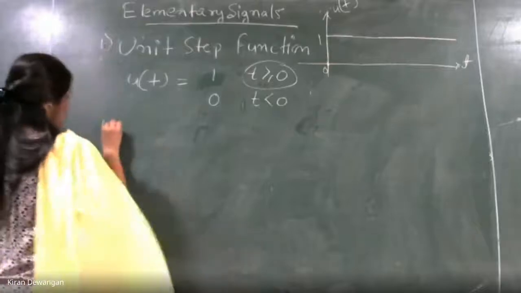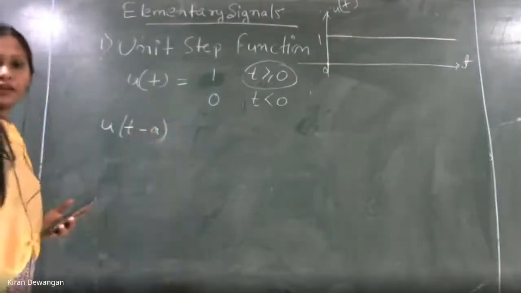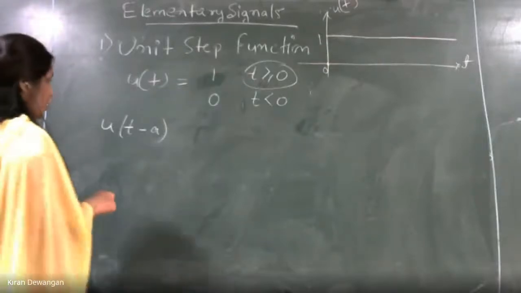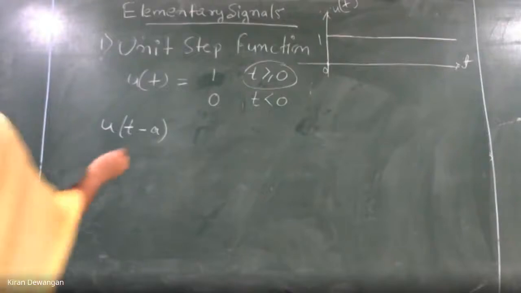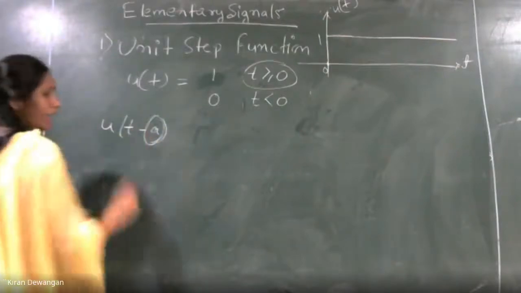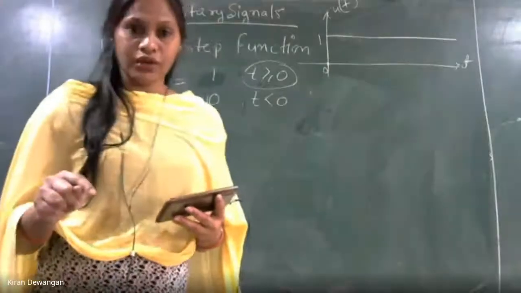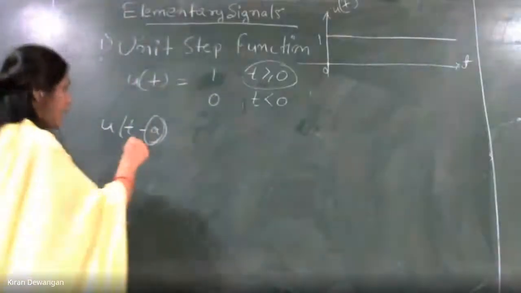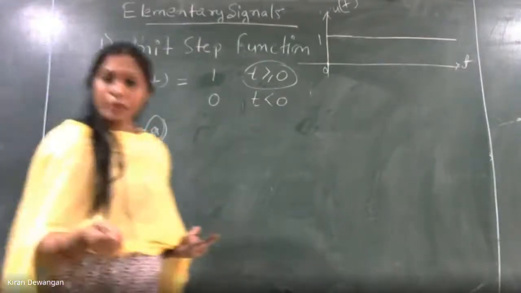Now, if I have to plot u(t minus a), how will we plot it? Here, a is any value. When we are subtracting a from the entirety, the plot will be different.